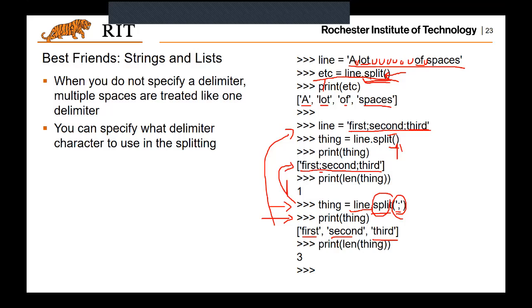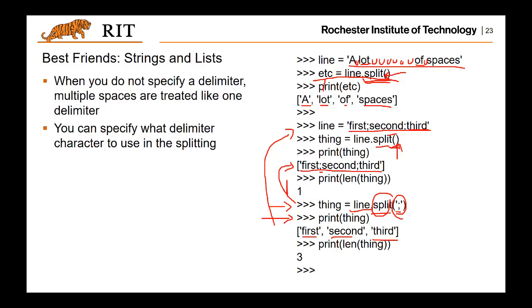It doesn't separate the original string into different elements because there's no space. That is because you put nothing here. And in that case, split will, by default, use the space as the delimiter to separate a string. That is the thing you want to keep in mind, all right? Any questions in this part?